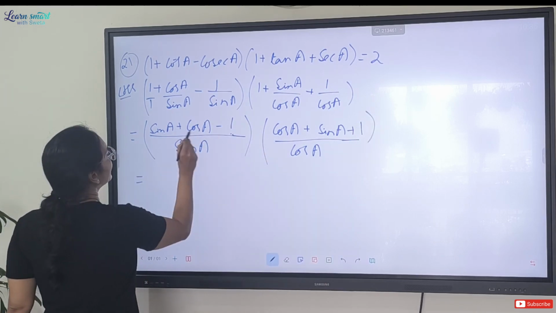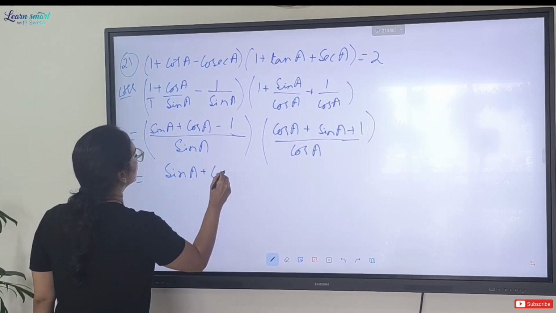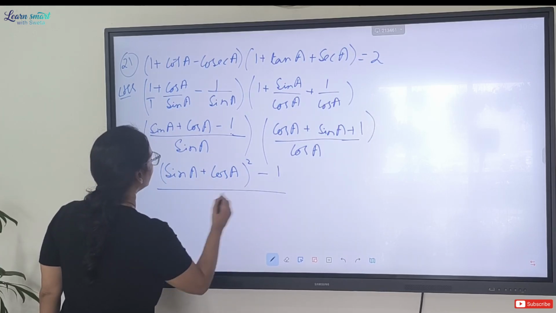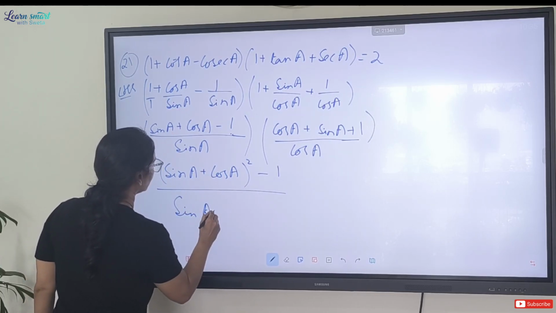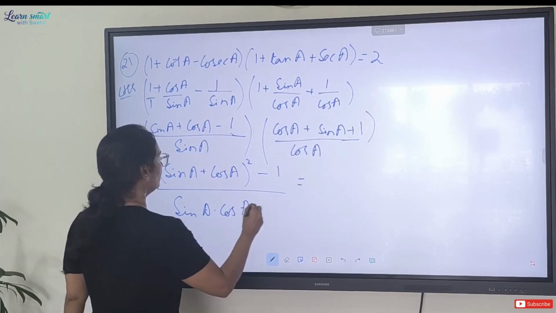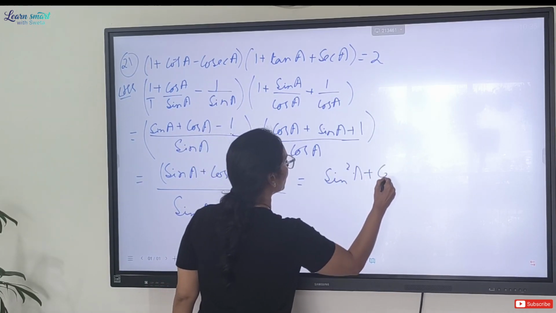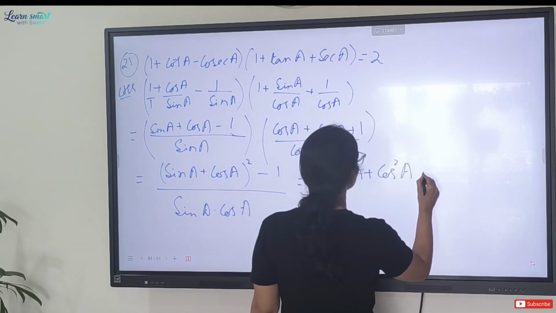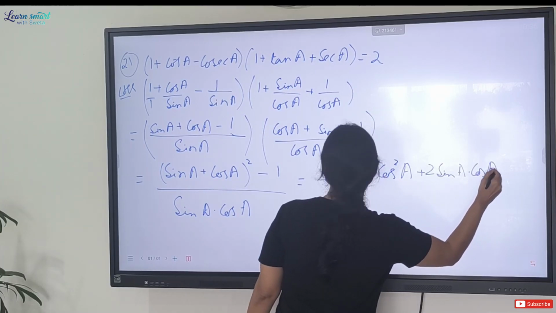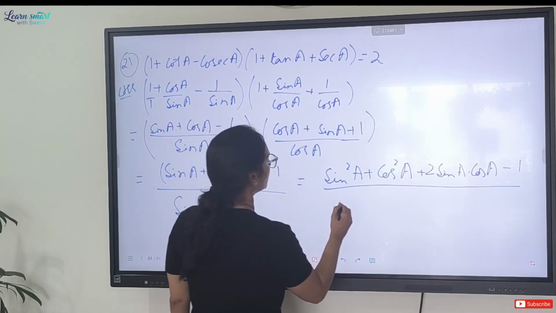So the numerator is A minus B into A plus B. We can write this as A square minus B square, upon sin A into cos A. So sin A plus cos A whole square, we'll write it as sin square A plus cos square A plus 2 sin A cos A, and this minus 1, upon sin A into cos A.